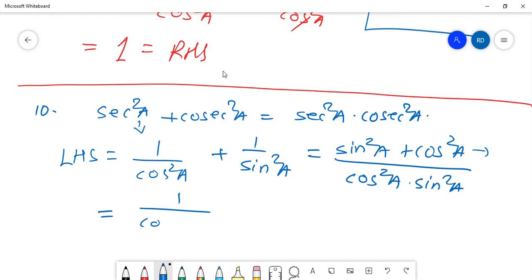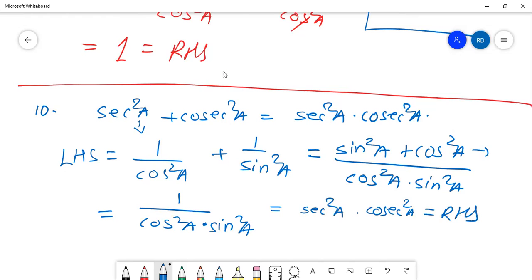So 1 upon cos square A into sin square A, which is equal to, now there is a multiplication sign in between them, so you can directly write their reciprocals. 1 upon cos square is sec square A, and 1 upon sin square is cosec square A, which is our RHS, right?